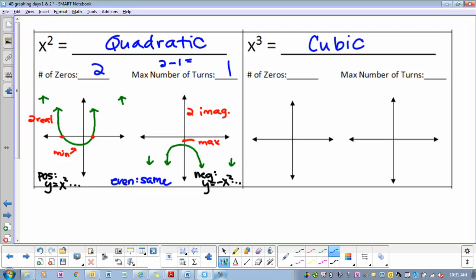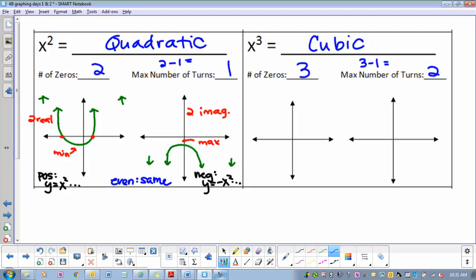So how many zeros does a cubic function have? 3, good. It should be the same as your biggest exponent, right? And then what is the maximum or the most number of turns? 2. Because what is 3 minus 1?